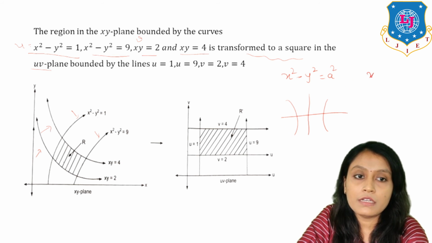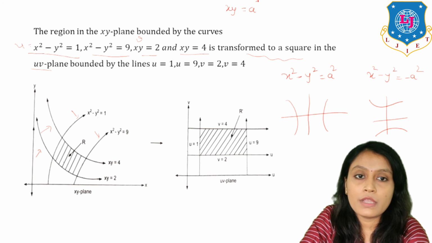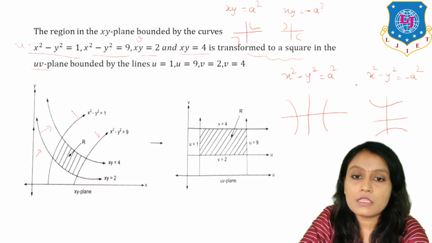And if given x² − y² = −a², then the graph of this hyperbola will be on the y-axis like this. And if xy = a² is given, then your graph will be like this. And if xy = −a² is given, then your graph will be formed like this.